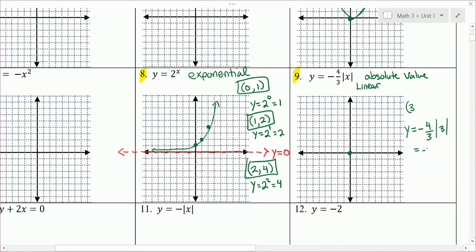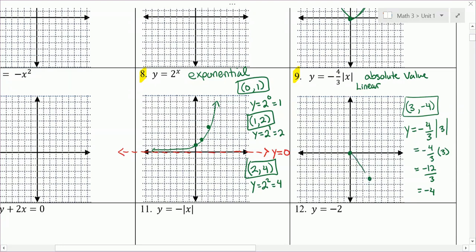Absolute value doesn't do anything to a positive number, so it's going to keep it positive 3. I'm going to multiply the negative 4 and the 3 and get negative 12 over 3, which comes out to be negative 4. So I plug in a positive 3, I end up with a negative 4 as an answer, and so that's a point that this graph goes through. So positive 1, 2, 3, down 1, 2, 3, 4.